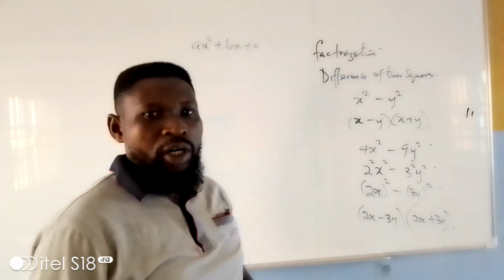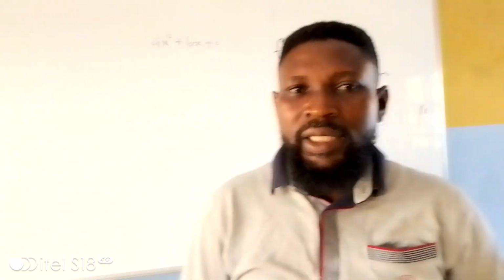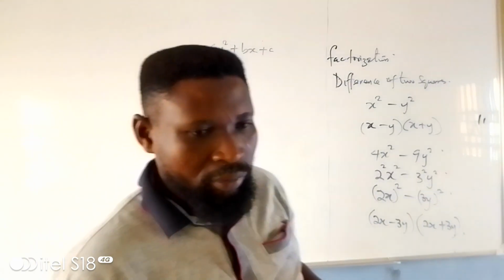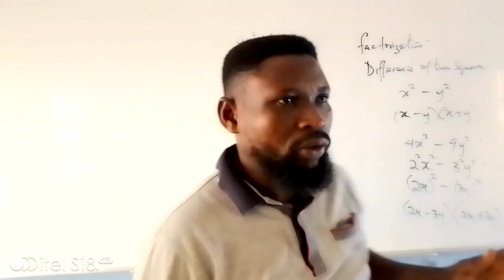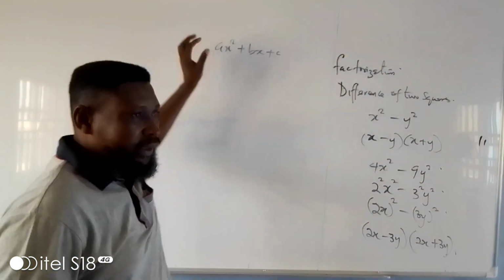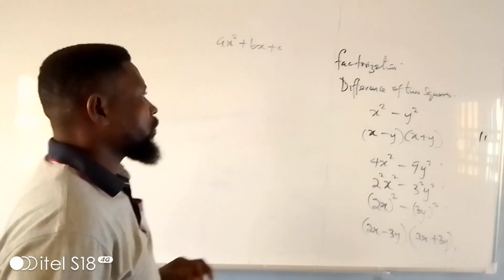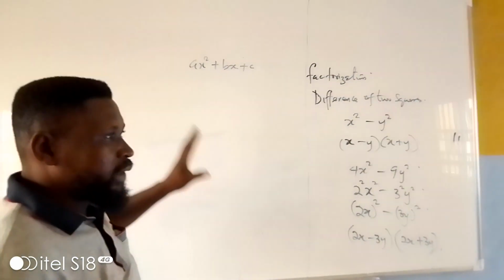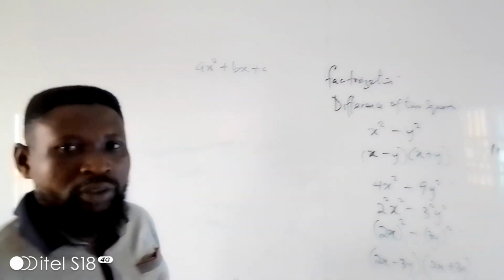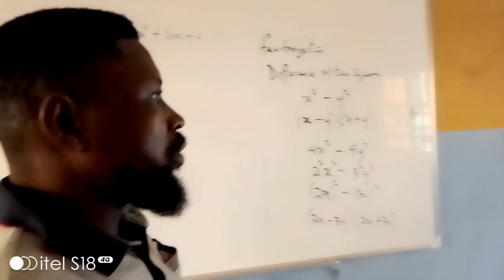Of course, you already know that there are different methods that can be applied to solve problems in quadratic expression or equation. This expression, like I said, is in quadratic form. Okay, now let us look at factorization in quadratic expression. How do you factorize a given expression in quadratic form?